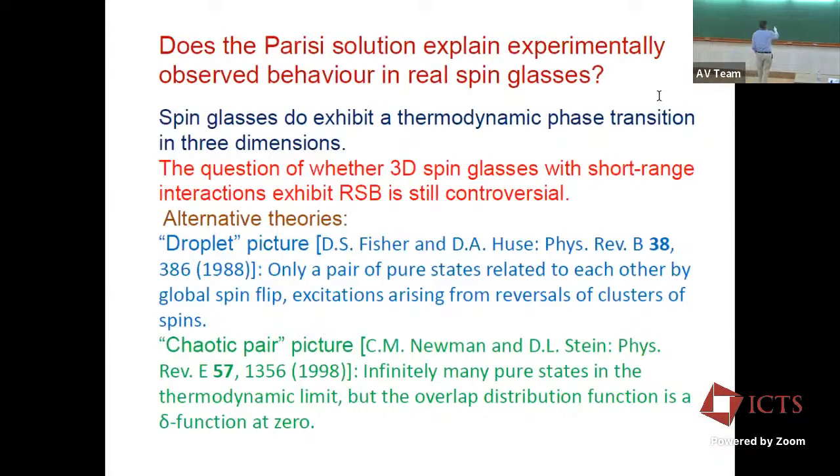So there is this one thing, and then there is a distribution of excitation energies. This is the typical excitation energy. There is a distribution, and this distribution has non-zero weight at 0.